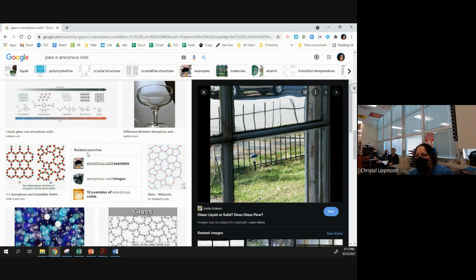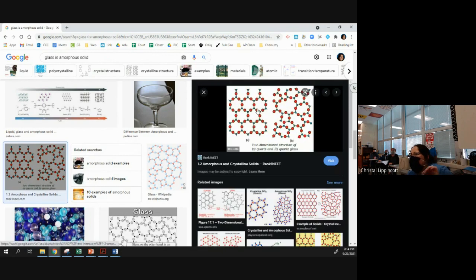Now, why has it moved? Because when you've got crystalline solids like your salts, for example, those are in a set matrix. But your amorphous solids like this, they don't have that structure. And so they have the ability to kind of flow and morph over time.